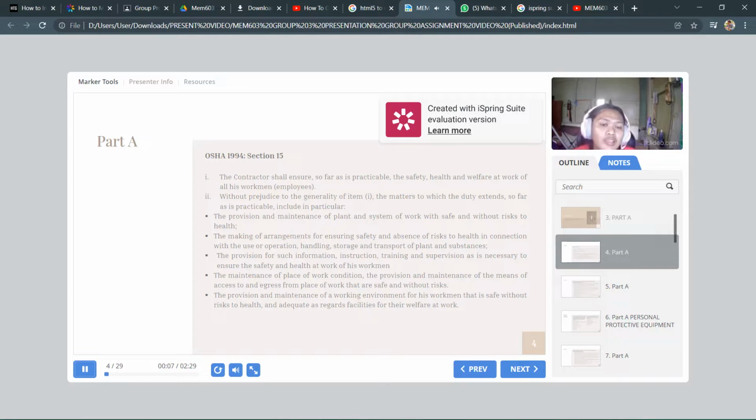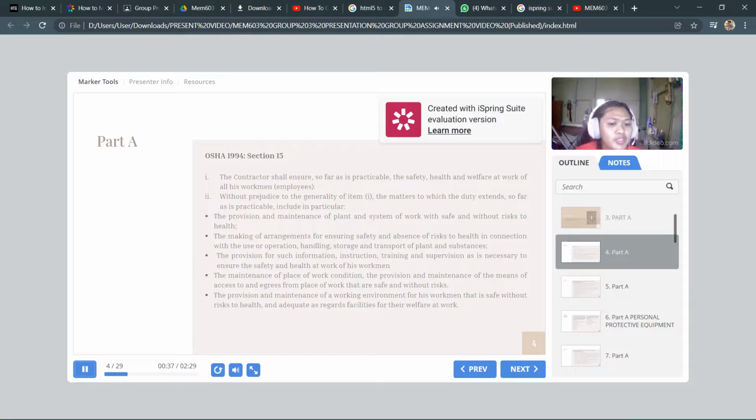In this section, the contractor shall ensure, so far as is practicable, the safety, health, and welfare of all his workmen. So the contractor must ensure all their workers follow the OSH Act and the safety and health protocol in the workplace.